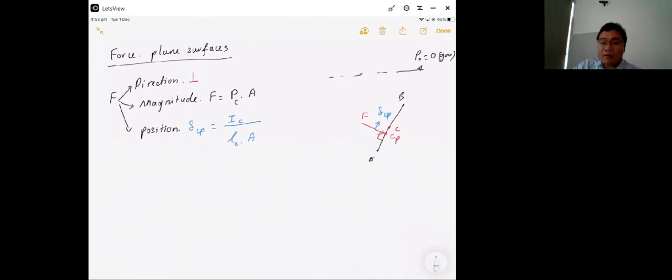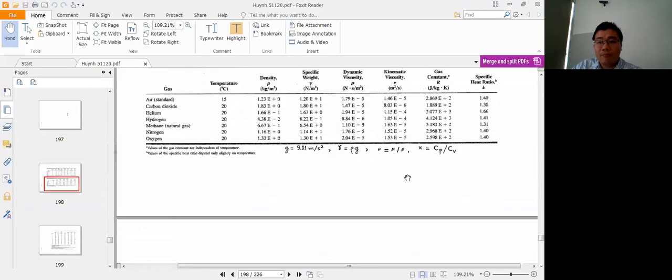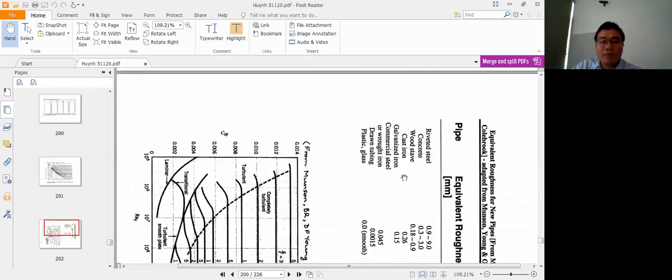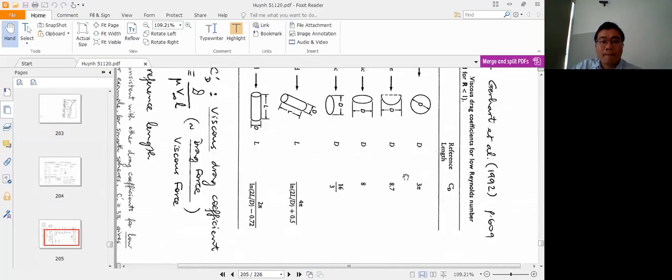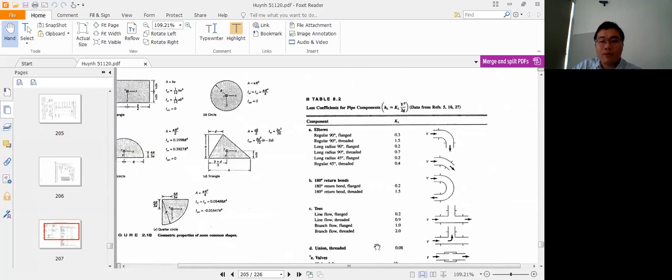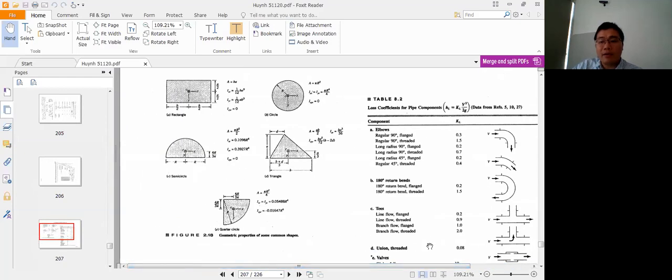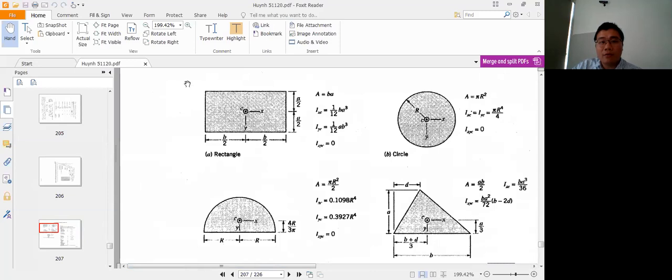Okay, IC is the second moment of area, or second moment of inertia, which you have from the table. For example, with a rectangle, you have IC equal to 1/12 B A to the power 3. This B is this side, and A is this side.